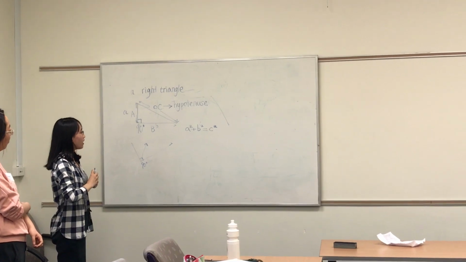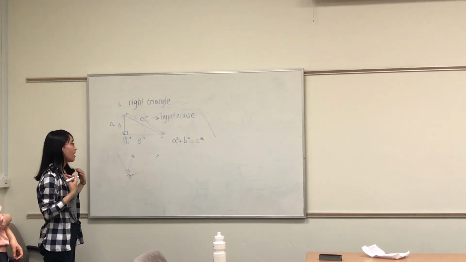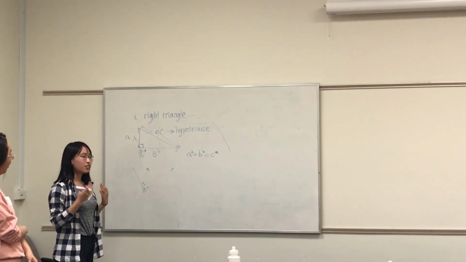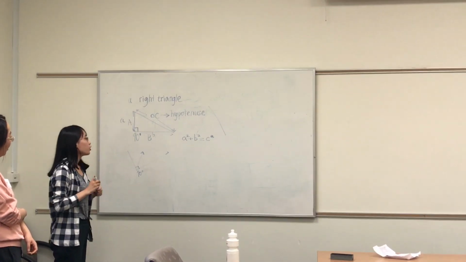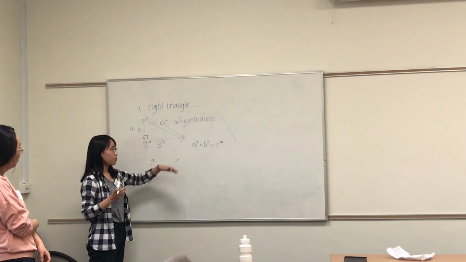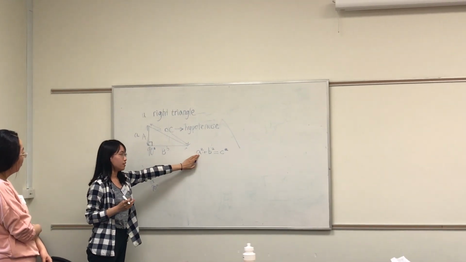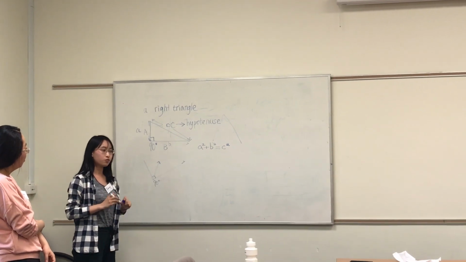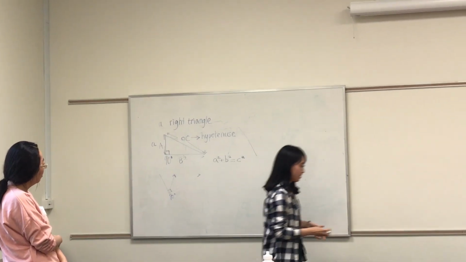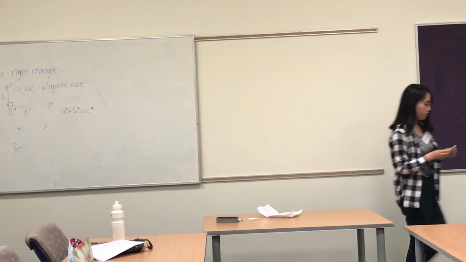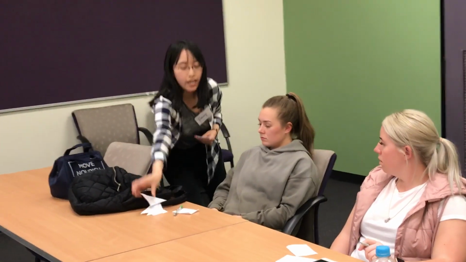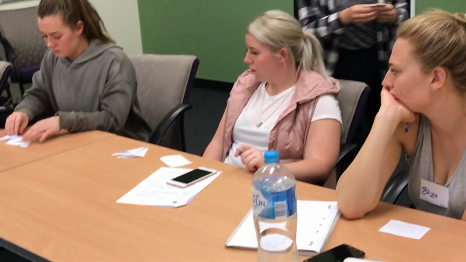So actually, you may ask me, why is it true? I couldn't just believe you. So how can we prove that this equation here is true? Now I'm going to give each one of you 4 right triangles.